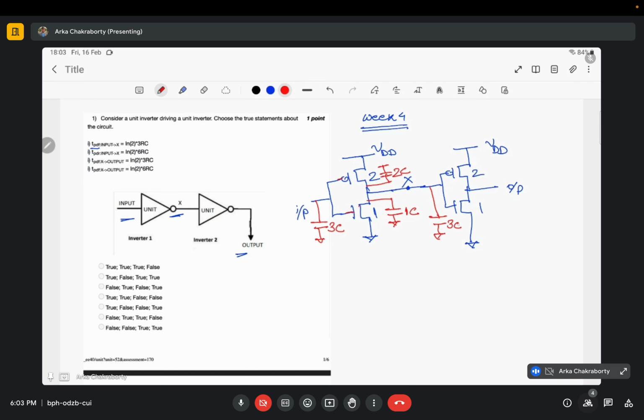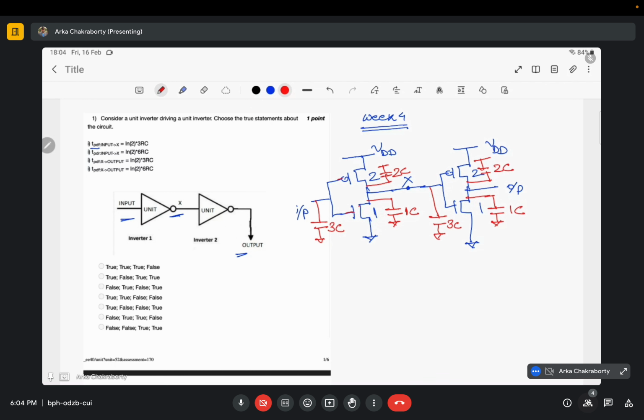And the same thing for the second stage output, it would be 1C for the NMOS and 2C for the PMOS.